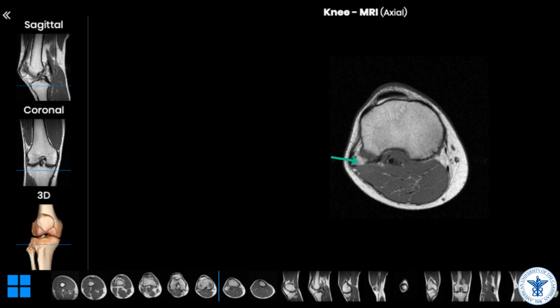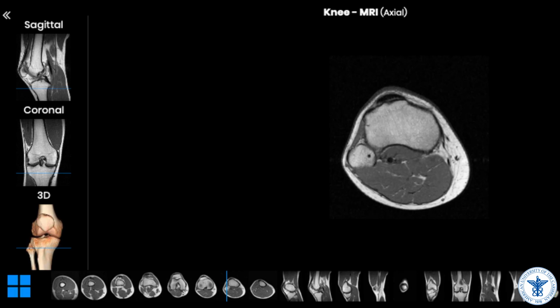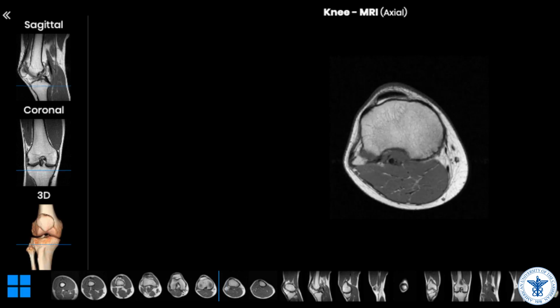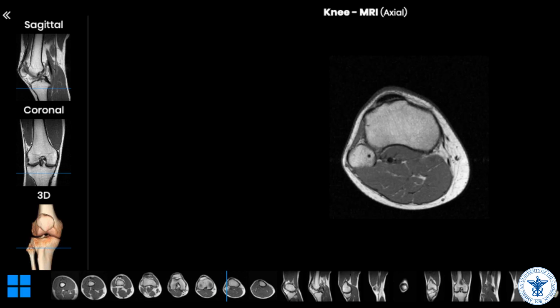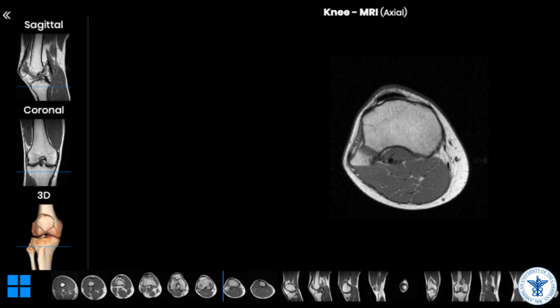This is the head of the fibula, and this grayish area between the head of the fibula and the tibia here is our proximal tibio-fibular joint. This is a synovial joint, so you see the cavity inside, and it is reinforced by two ligaments, the anterior and posterior superior tibio-fibular ligaments.